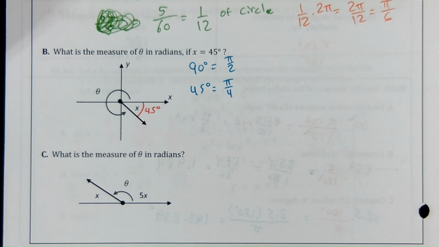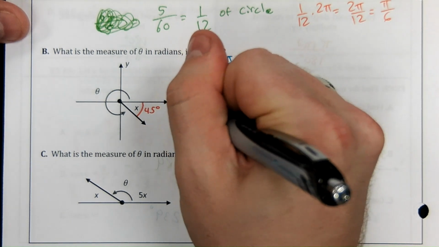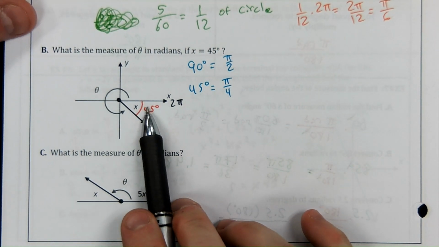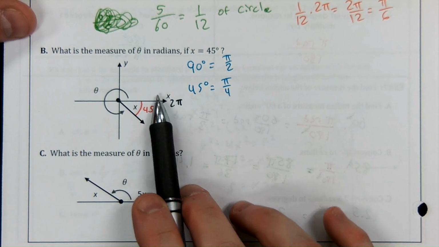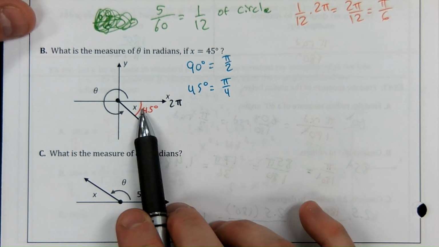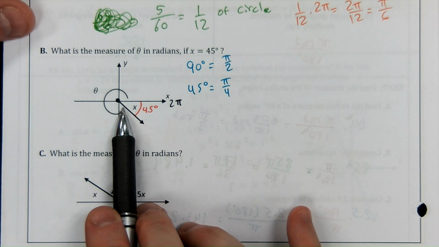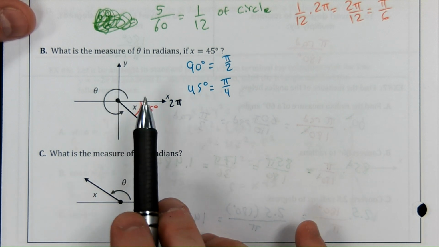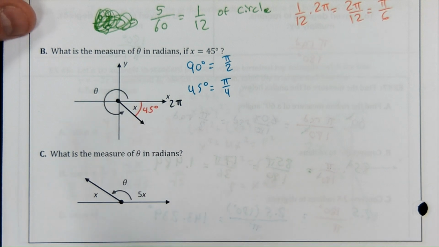How many fourths are there in 2 pi's? 8. There are 8 of these things in a full circle. So if one of them is here, how many of them are over here? There's 8 of these in a whole circle. If one is here, what's out here? 7.